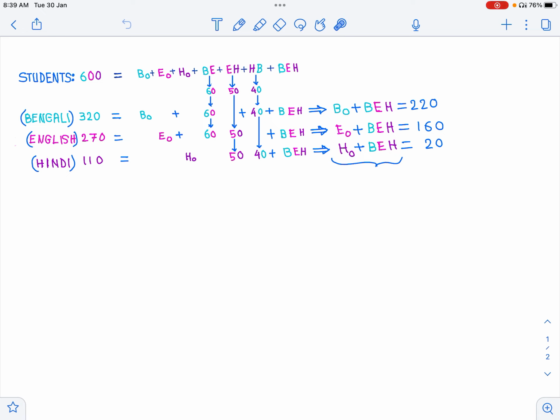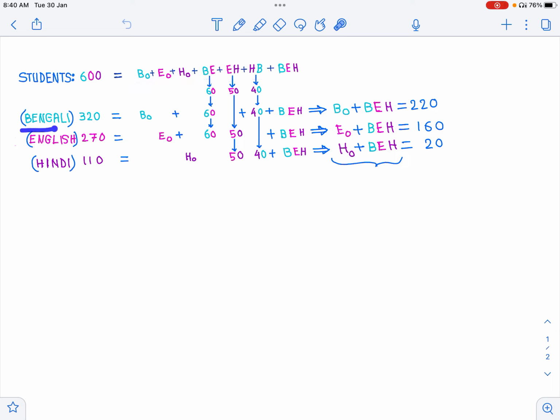For total students it is 600, and the 600 students include all types of students: those who studied only Bengali, only English, only Hindi, plus Bengali and English, then English and Hindi, then Hindi and Bengali, and then Bengali, English, Hindi.